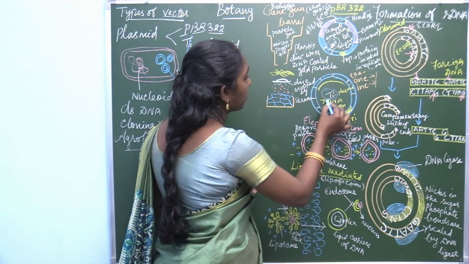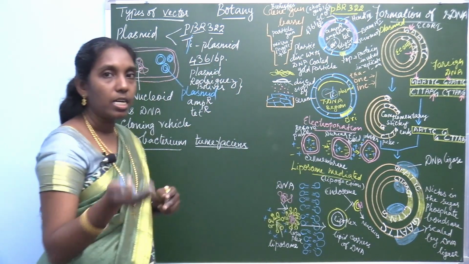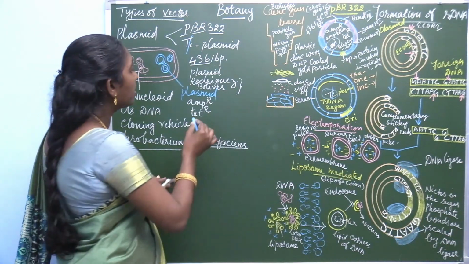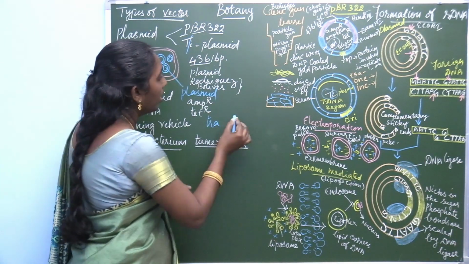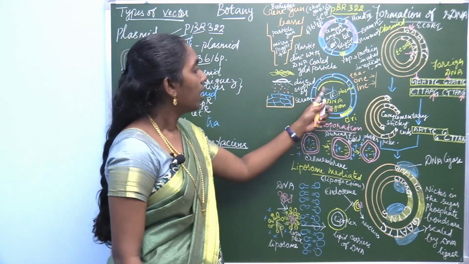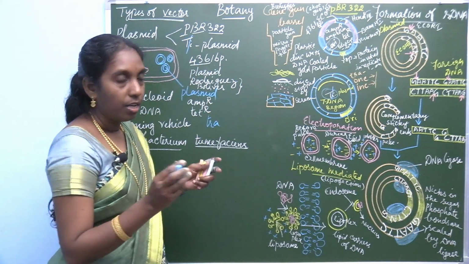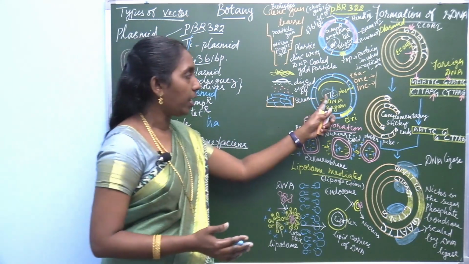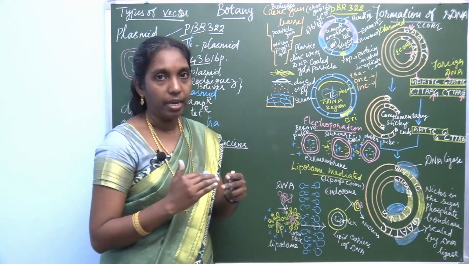From this Ti plasmid, the T-DNA is transferred because the plasmid contains the tra gene, which transfers the T region from the Ti plasmid.